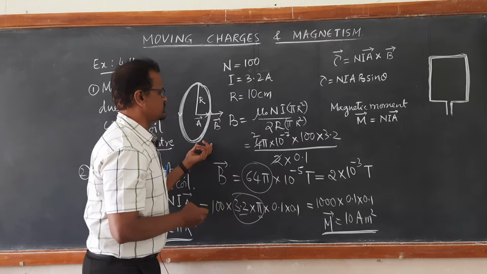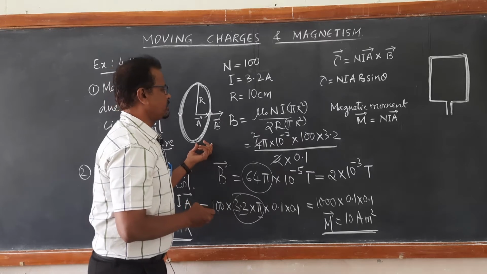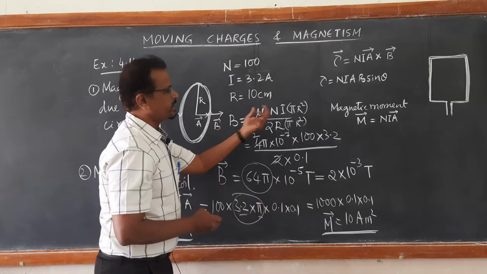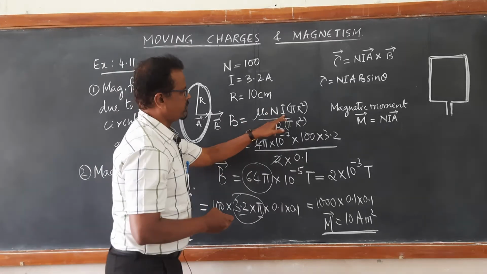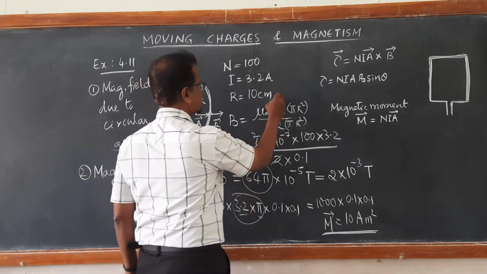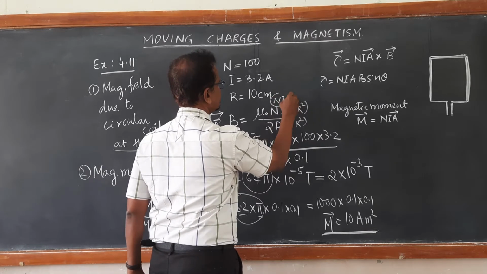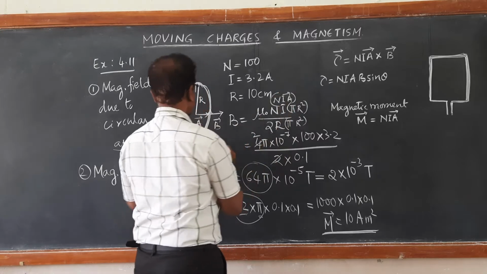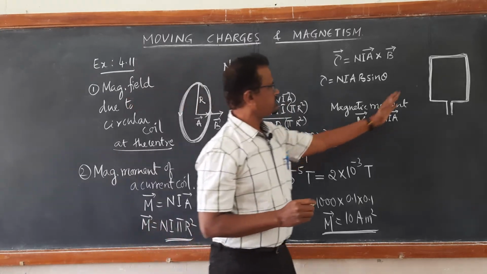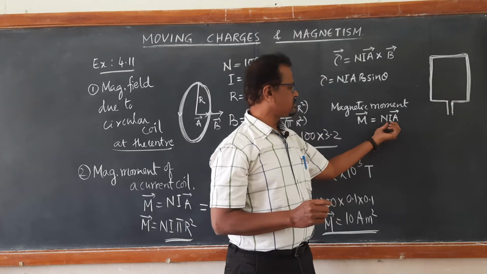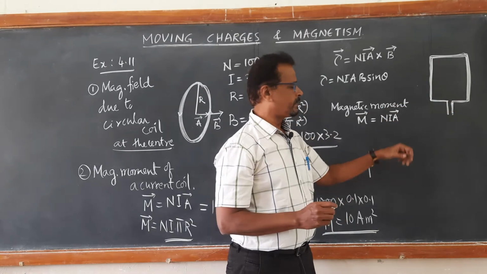That becomes the magnetic field in terms of magnetic moment. In this, the quantity NIA itself is called the magnetic moment of the circular coil. For a rectangular coil, it is the same, NIA.